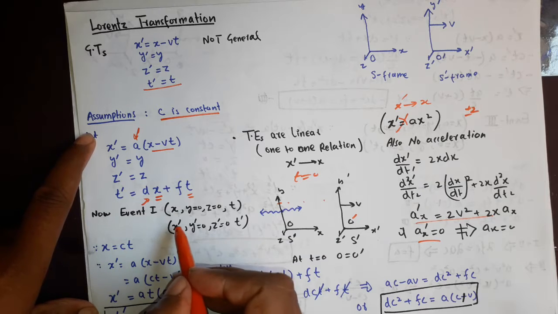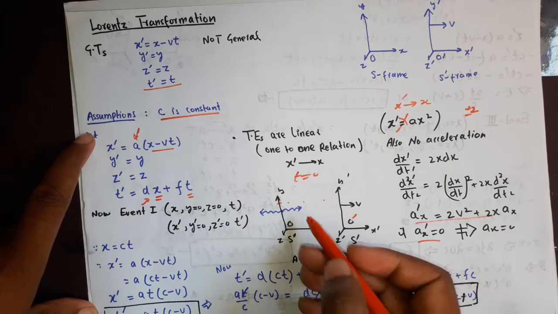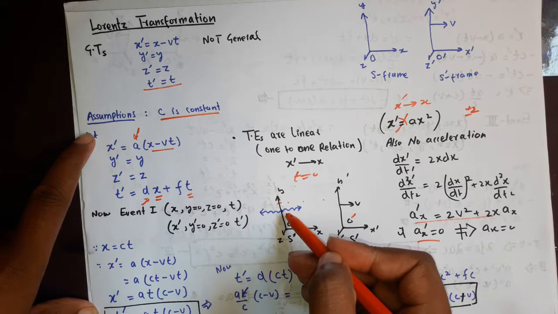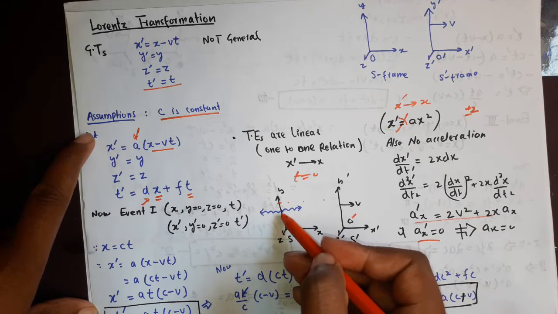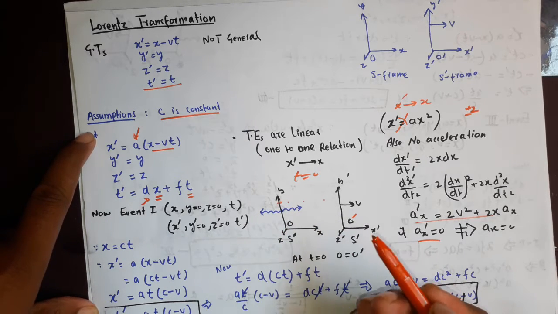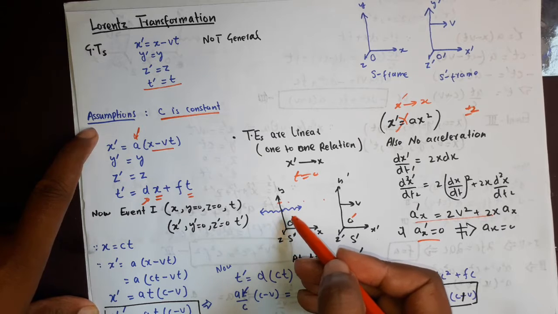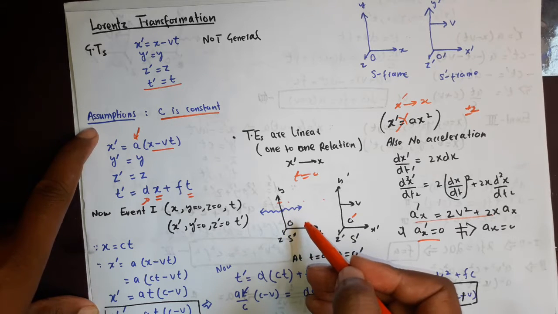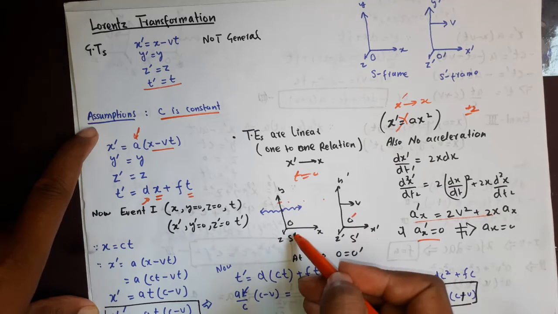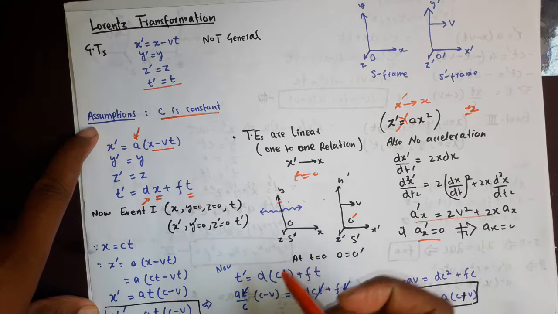Now if there is an event, let's say at time t equal to 0 a flash of light is emitted and it travels in the x direction, the y direction and the z direction. So a flash of light is emitted at time t equal to 0 when O prime and O are at the same location.